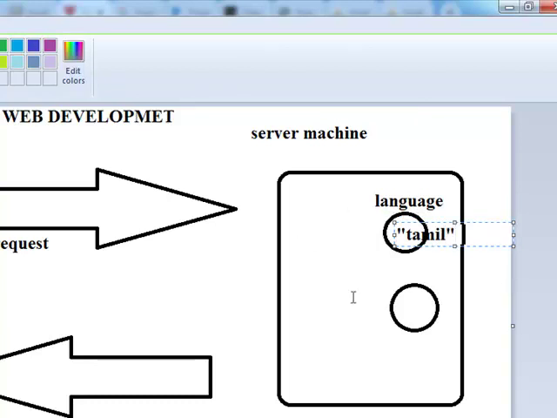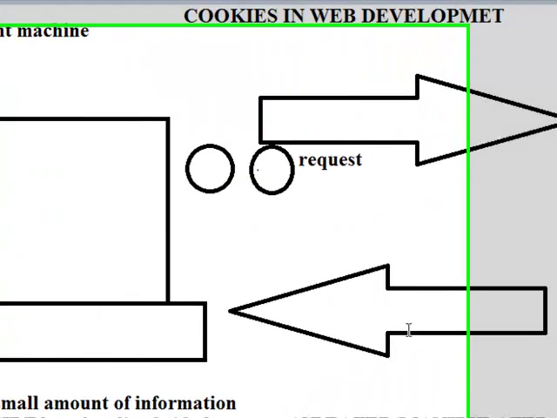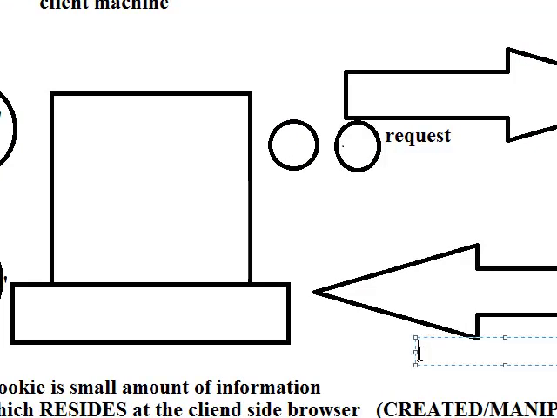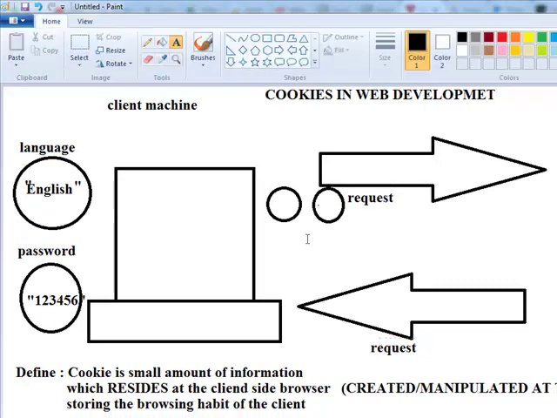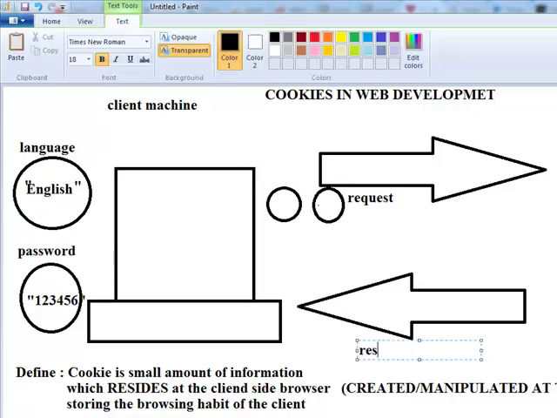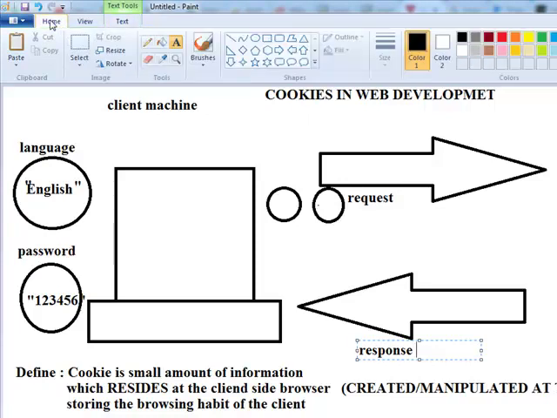Now with the response object, all the cookies will come back to the client. With which object? With the response object. When the response object comes from the server, along with the response, I will get both the cookies also. But now, has the cookie been manipulated, or are they the same as they went?